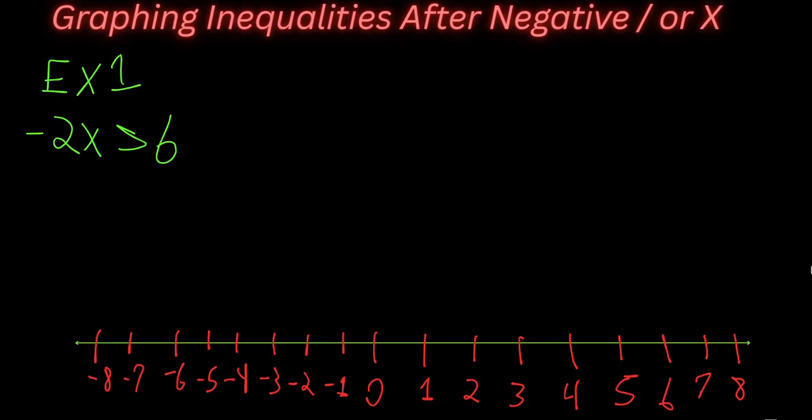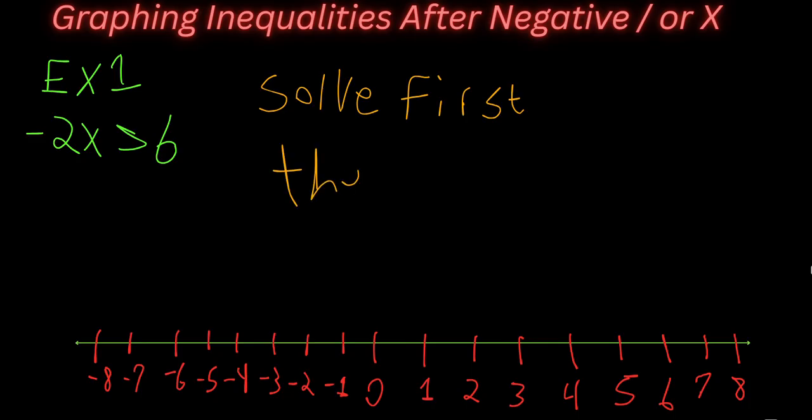When you see that, there's a key that you must always take first, and that is to solve first. That is always the first step. It's going to get real confusing if you try to graph first. Solve first and then graph.